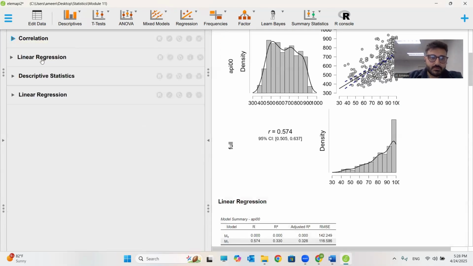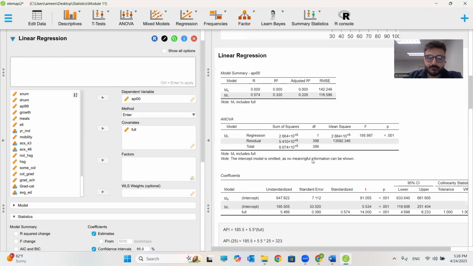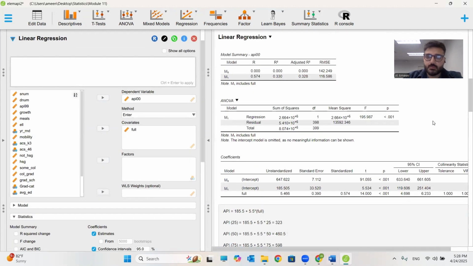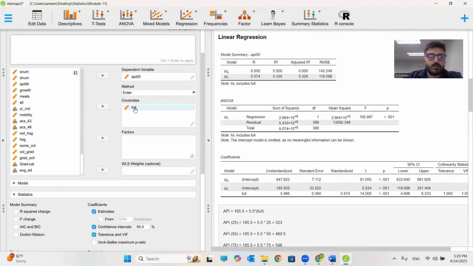Moving on from correlation to linear regression, to answer our question we want to report the API value for a full value of 25, 50, and 75%. We are going to use linear regression, and over here we start by importing the API value for the year 2000 as our dependent variable, and then full is going to be the covariate over here.